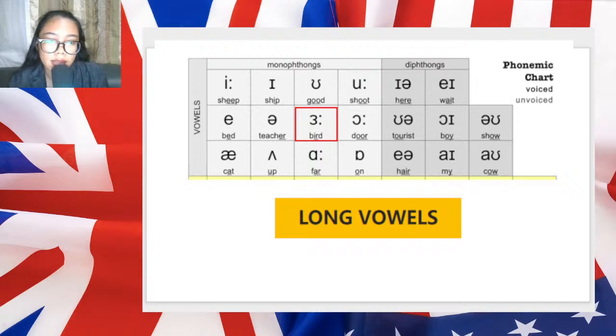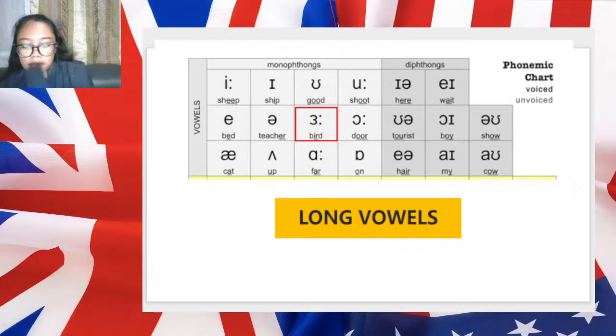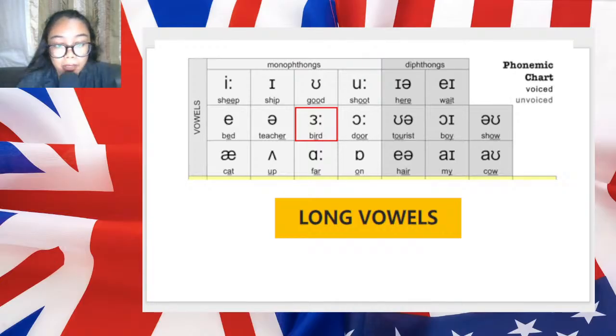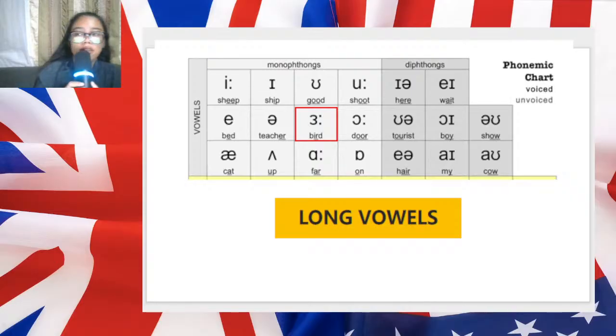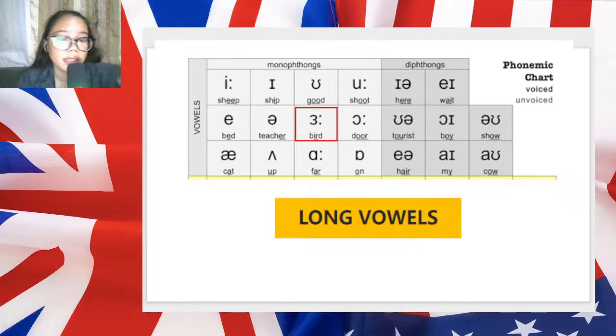For the first sound, it's usually in Received Pronunciation, or in British English, whose characteristic is typically non-rhotic, meaning that the words with the letter R in the spelling are usually not pronounced. Okay?